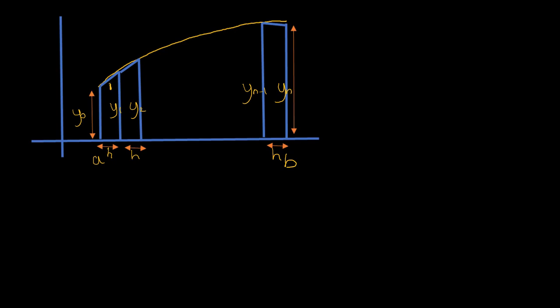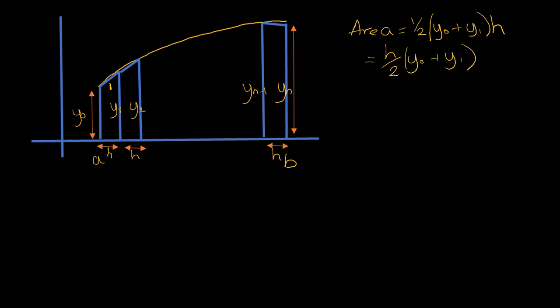Remember, the area of a trapezium is a half times the top and the bottom, which in our case will be y0 plus y1, times the perpendicular distance between them, which is h. And so for this first one, we've got h over 2 times y0 plus y1. So that's the area of the first one.